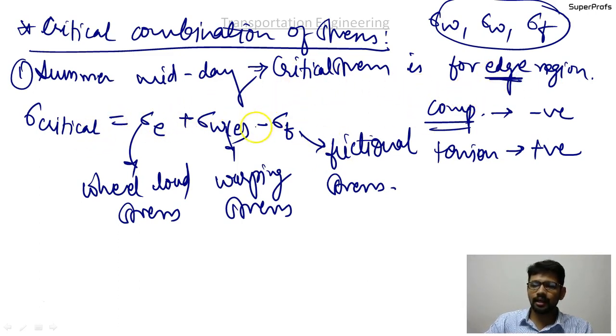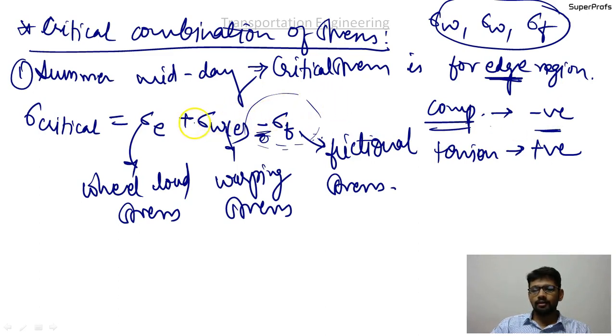You see that in summer the frictional stress is compressive, that is why there is a negative sign over here.